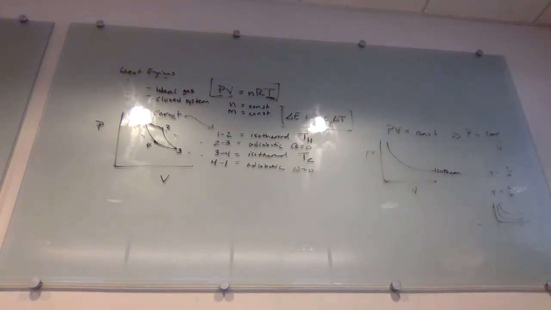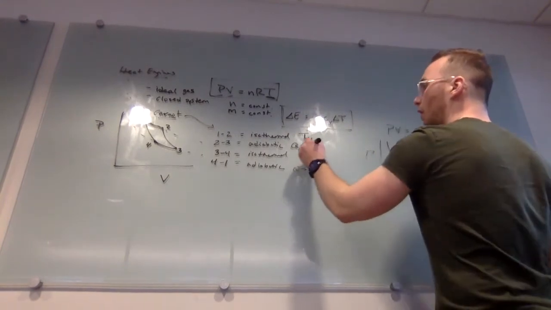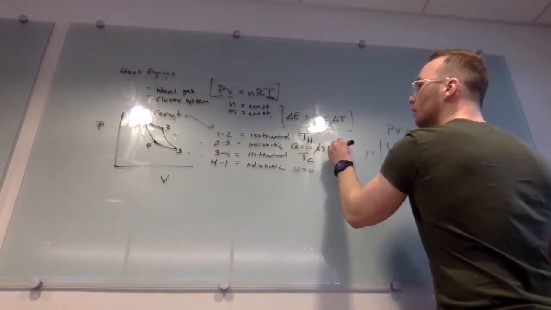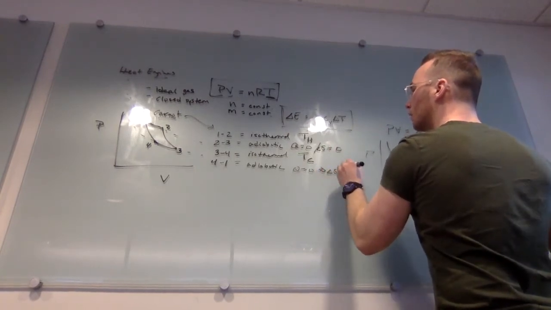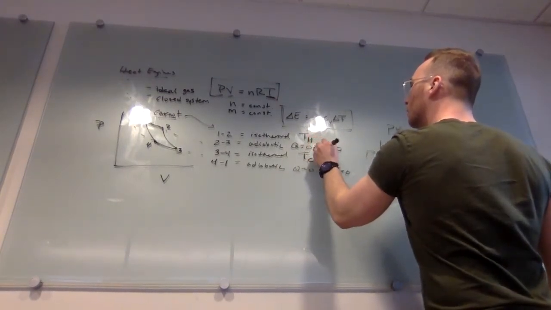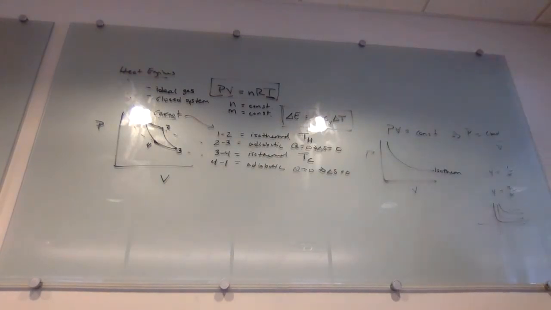It does mean that Q is 0, but it also means that delta S is 0. That's actually more the true definition. Adiabatic literally by definition means that the entropy does not change.